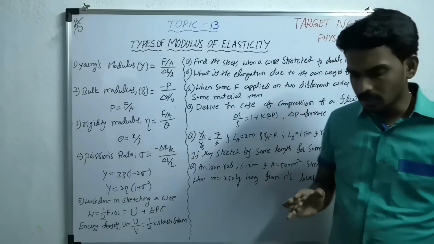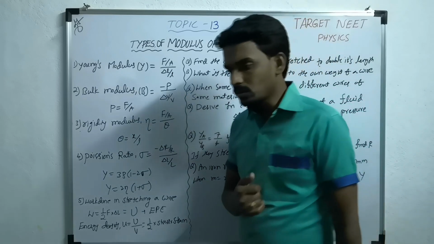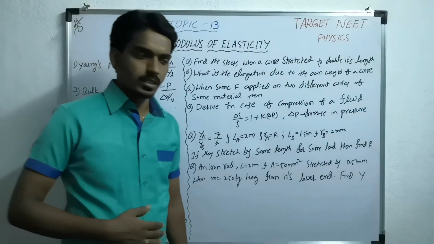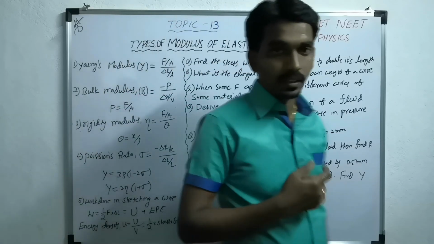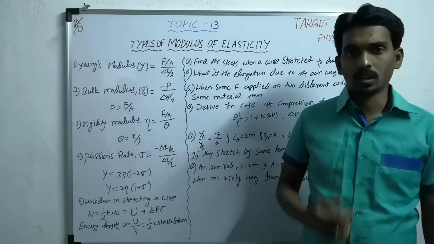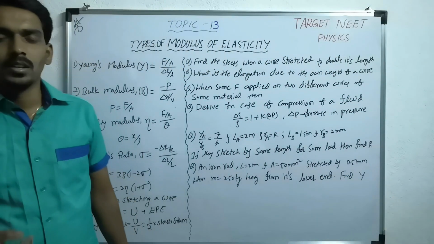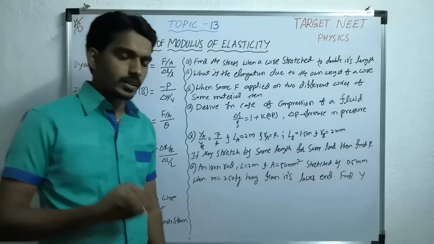Now based on that, if you apply deforming force, the parameters or dimensions of the body change, maybe in terms of length or in terms of volume, sometimes even the position. So based on these 3 cases we divided.